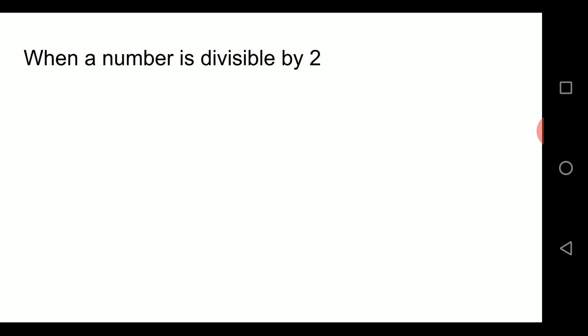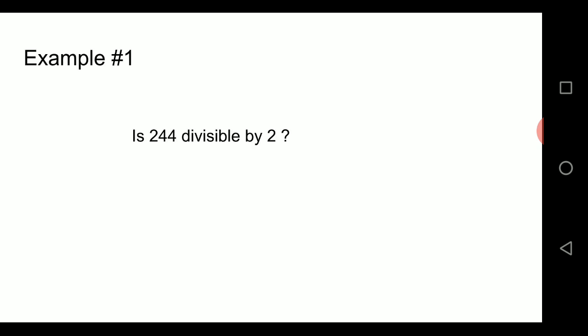When a number is divisible by 2, it is called an even number. Looking at a number, if it ends with any of 0, 2, 4, 6, or 8, we can say that the number is even, and it is divisible by 2.